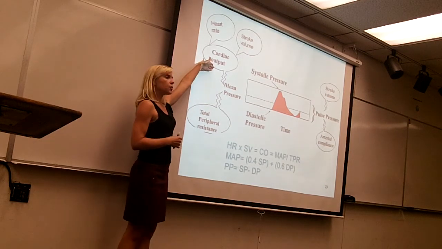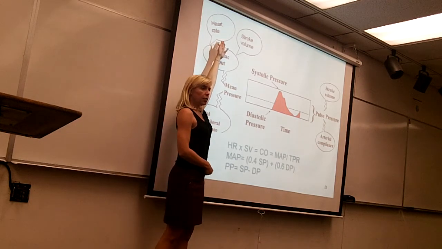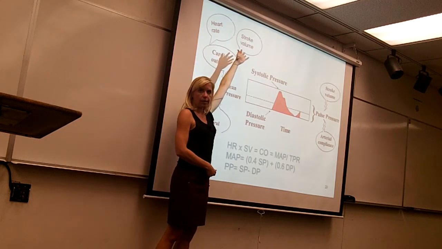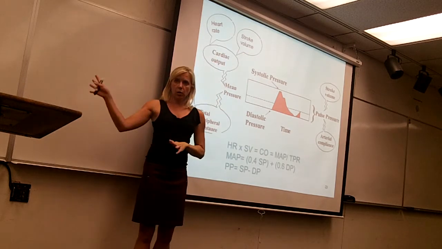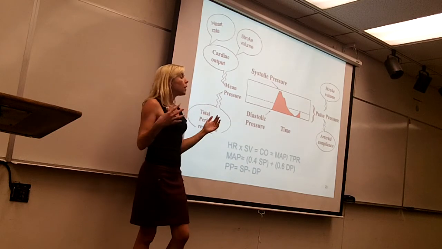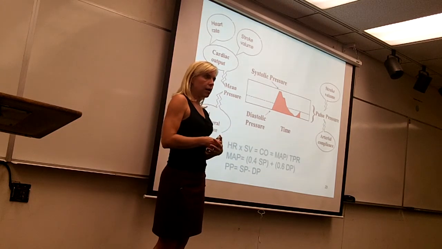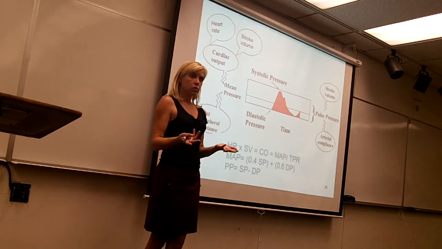Flow. What's another term for flow? Cardiac output. What determines cardiac output? Stroke volume and heart rate. So I'm simply rearranging Ohm's law, and then on the left side of the screen, showing you what factors can influence resistance and how we can calculate cardiac output, which is a type of flow.